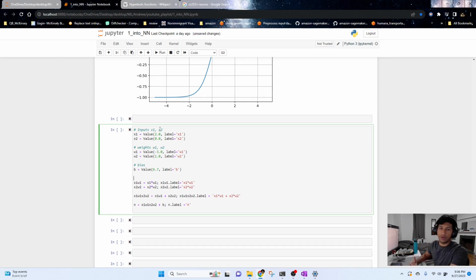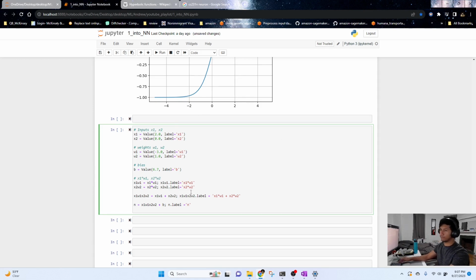In order to see how these values are changing, it's good to keep track of every calculation that we perform so that we can easily visualize it in the graph. So this is x1 times w1, as well as x2 times w2.